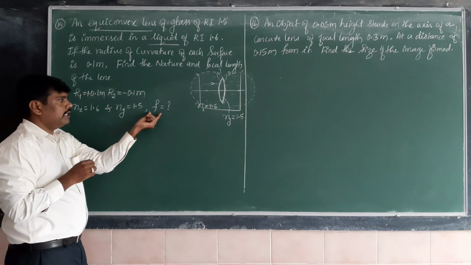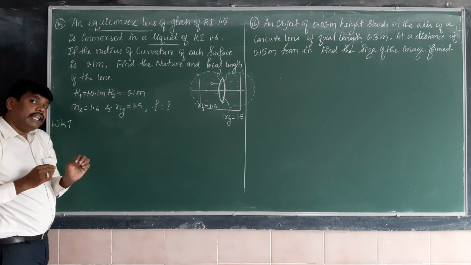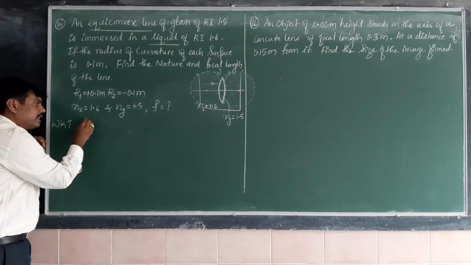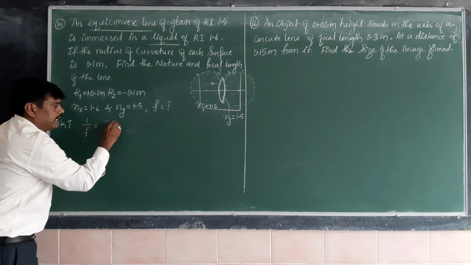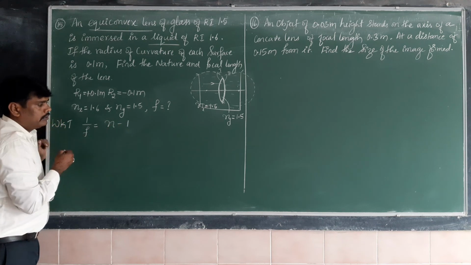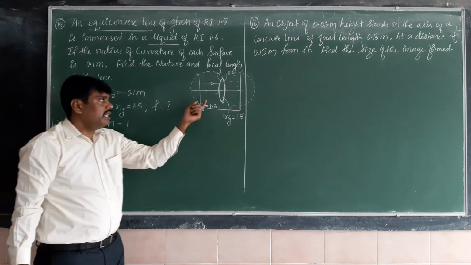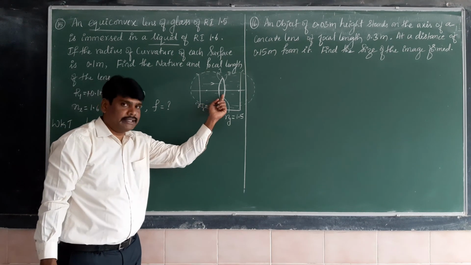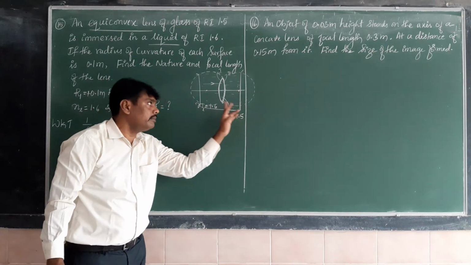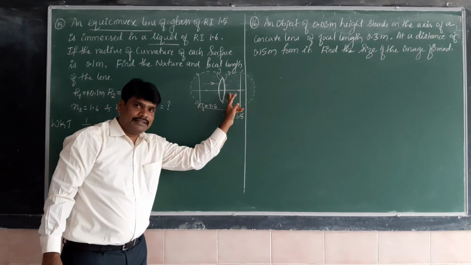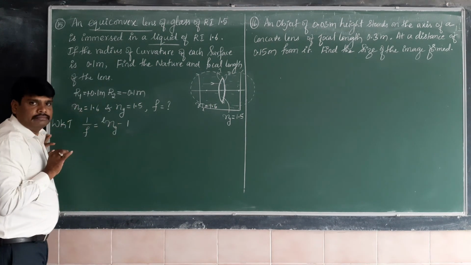To find the focal length f, we know that there is a formula called lens maker's formula. Lens maker's formula is represented by reciprocal of focal length is equal to n minus 1. Here, we are not supposed to take n only, since the lens is surrounded by liquid. It means light is traveling not from air to glass, it is traveling from liquid to glass. This is very important.